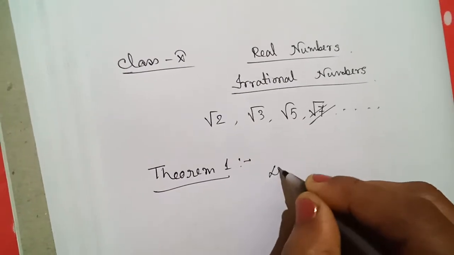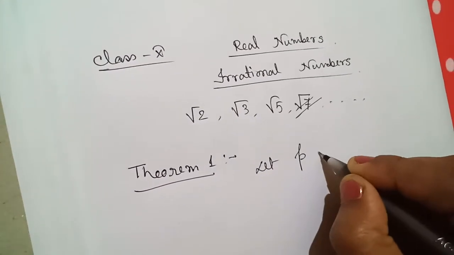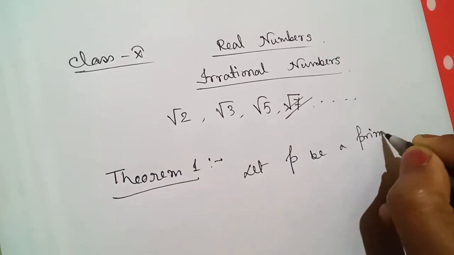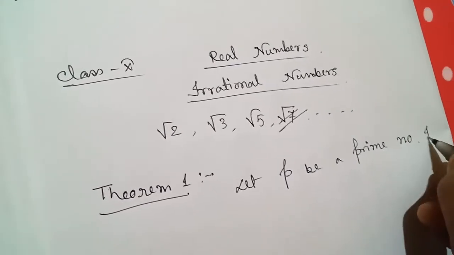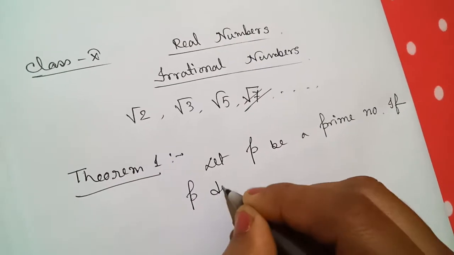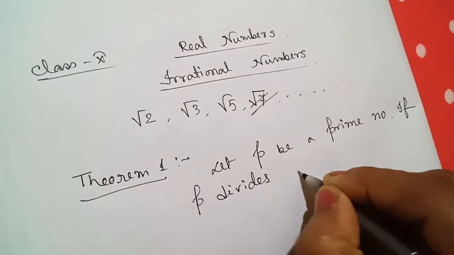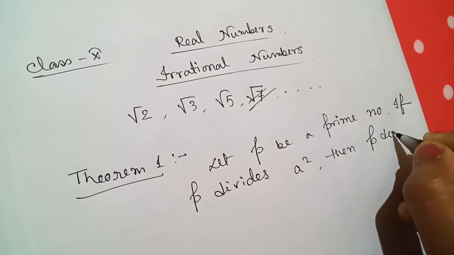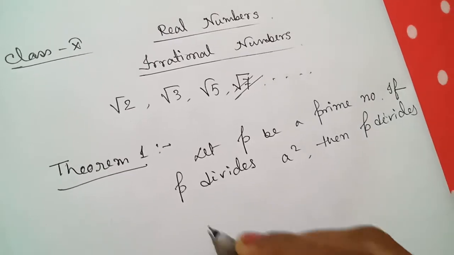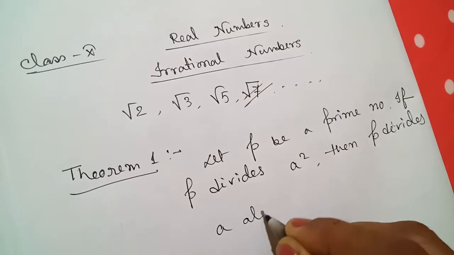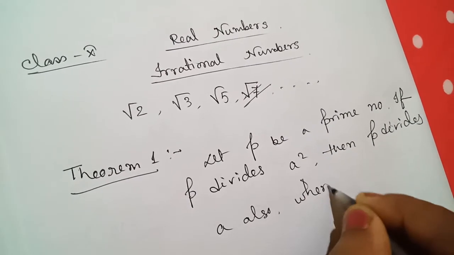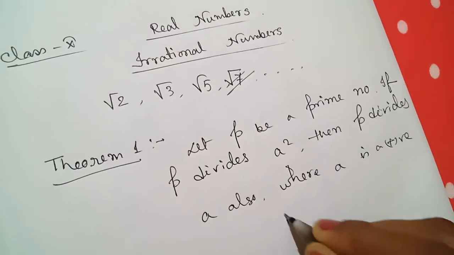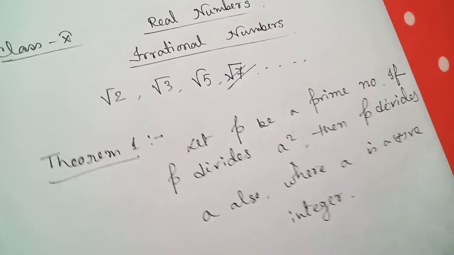The theorem says, this is the statement I am writing: let P be a prime number, if P divides a square, then P divides a also, where a is a positive integer.